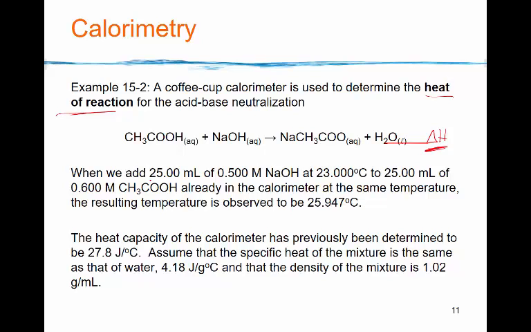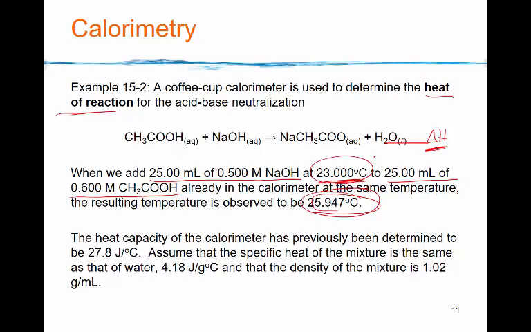They've given us 25 milliliters of sodium hydroxide and 25 milliliters of 0.6 molar acetic acid. They were both in the calorimeter, according to this, and they were at 23 degrees C. The temperature rose during the reaction to 25.947.